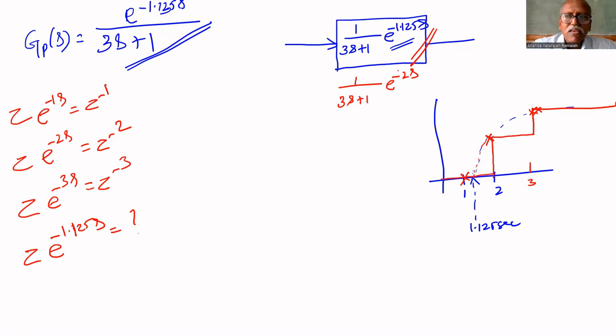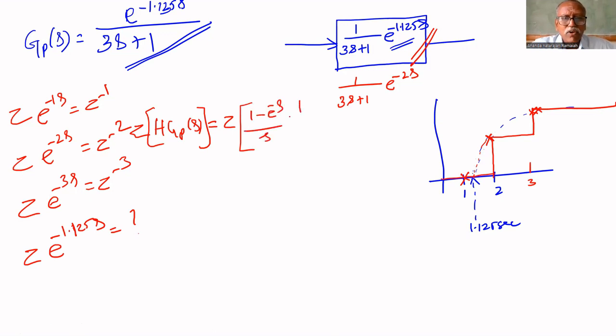Already we know HGP of S, the Z transform of HGP of S for 1 by 3s plus 1, that is 1 minus e power minus s upon s multiplied by 1 by 3s plus 1. If you find the Z transform, what is that?